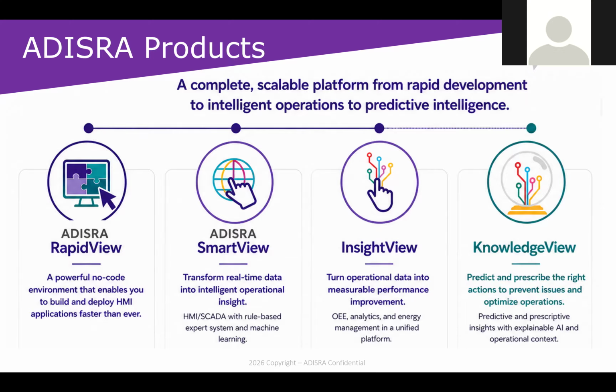It is an HMI SCADA with a built-in rule-based expert system and machine learning. InsightView extends to analytics such as OEE, six major losses, and energy management. And then finally, KnowledgeView also does predictive and prescriptive intelligence. InsightView and KnowledgeView are cloud-based products. The other two are on-premise. Together you can see it creates a clear path from visualization to intelligence to data-driven operation, and it actually helps customers on their journey to doing the analytics.